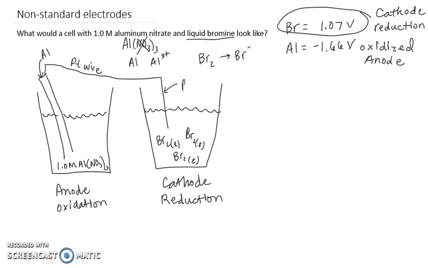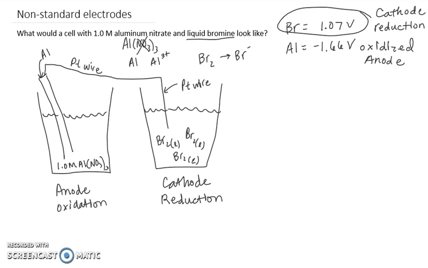Again, I'm just going to label this one more time: there's our platinum wire. The platinum wire really isn't there to partake in the reaction itself. It allows for the flow of electrons, and it allows for things to happen on its surface. So let's talk about what's happening on its surface.